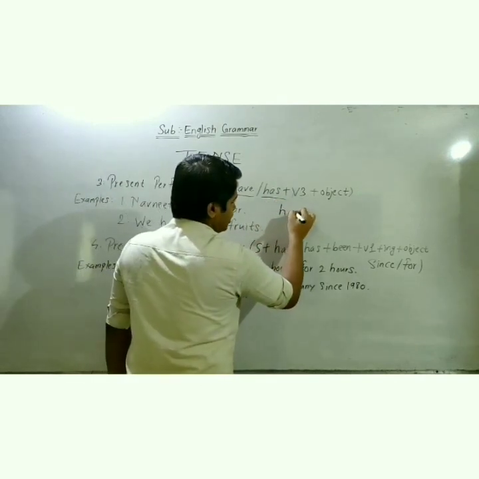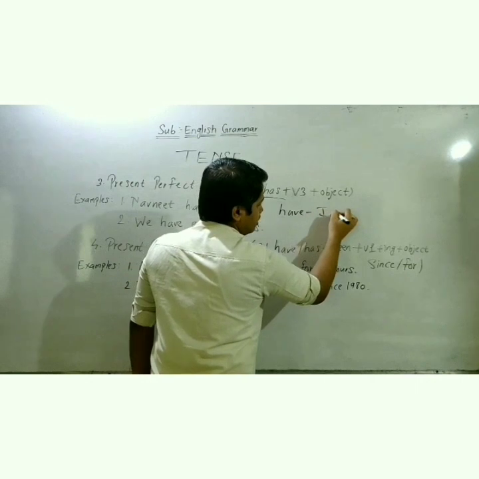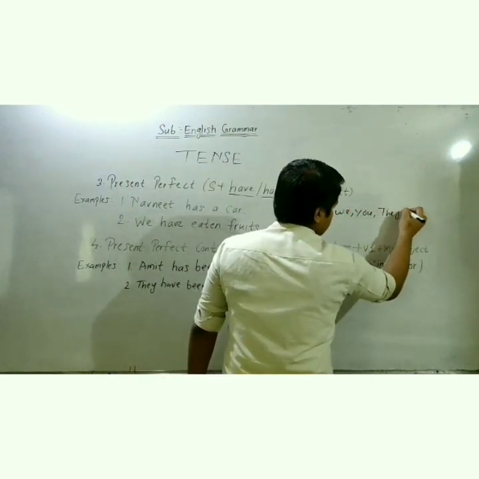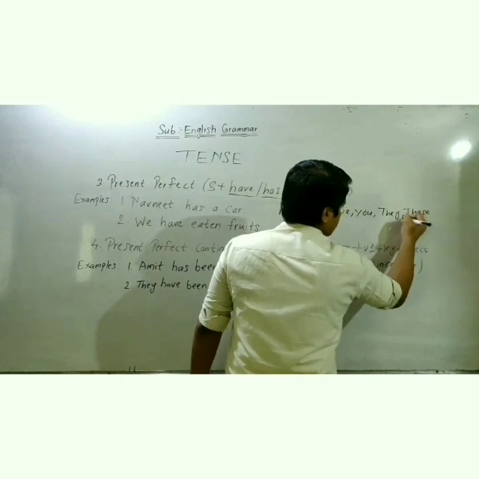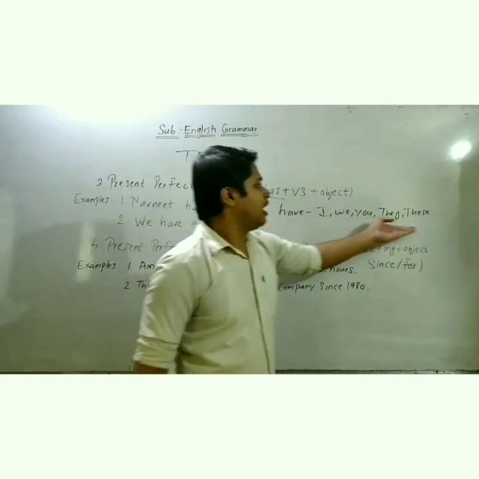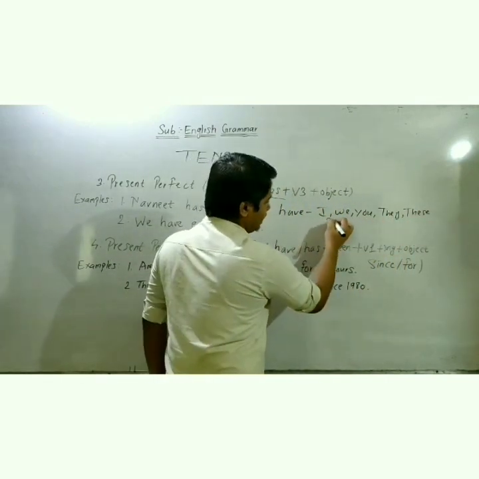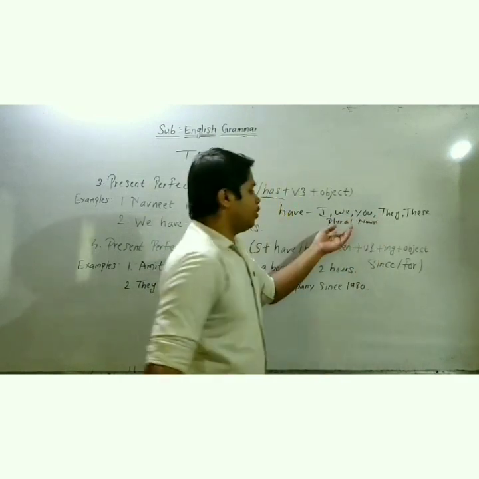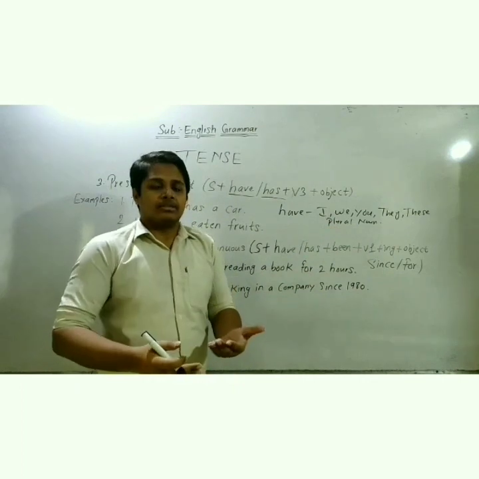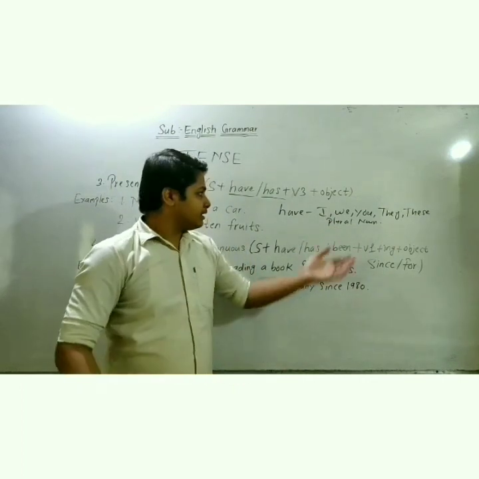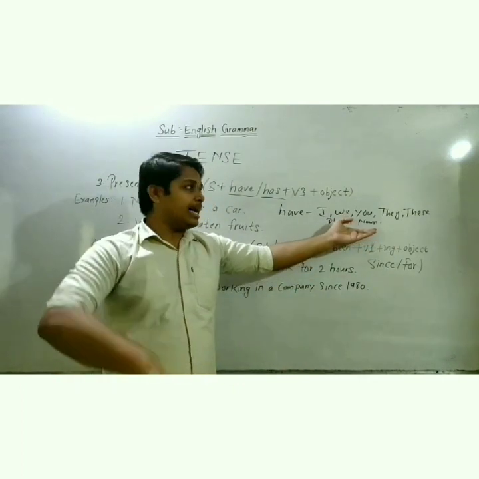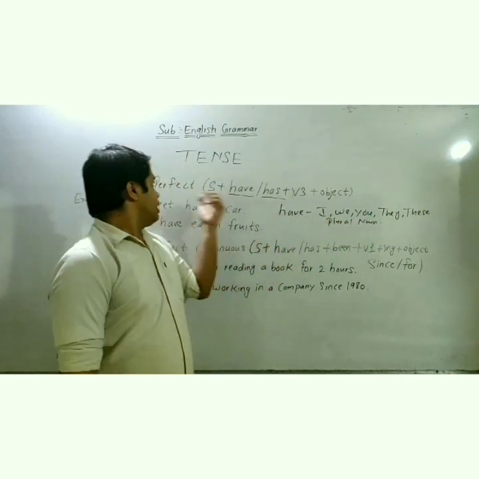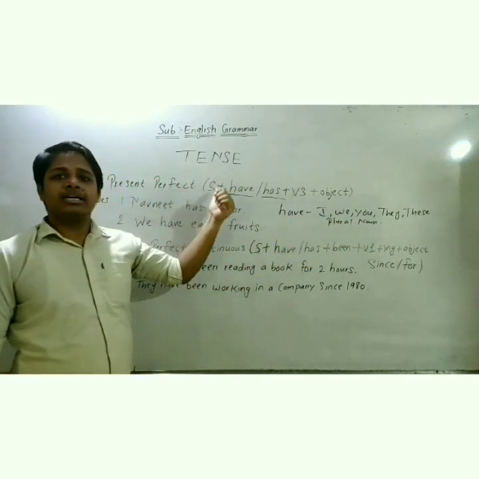So have is used if there is I, we, you, they, these, these types of words. And if it is a plural noun, meaning more than one person, we have to use have in the present perfect tense.